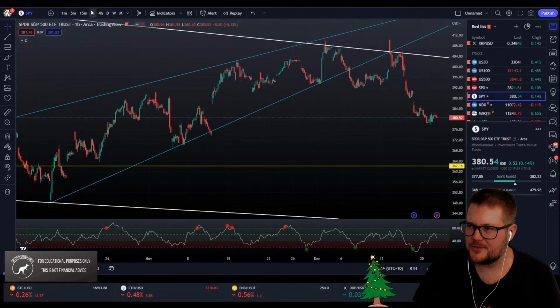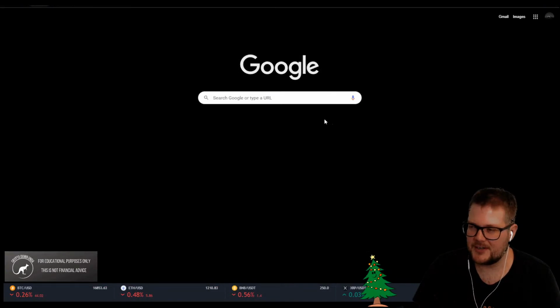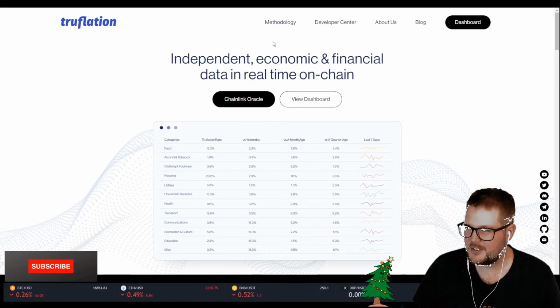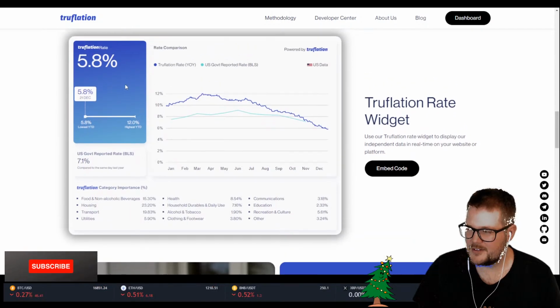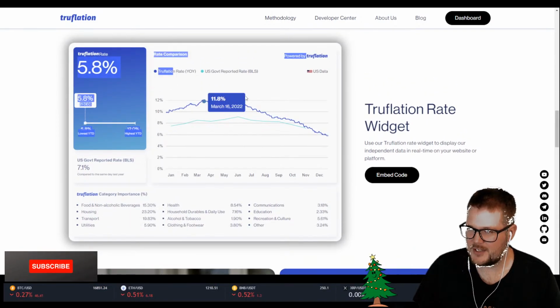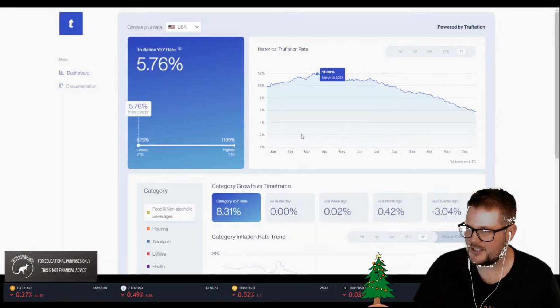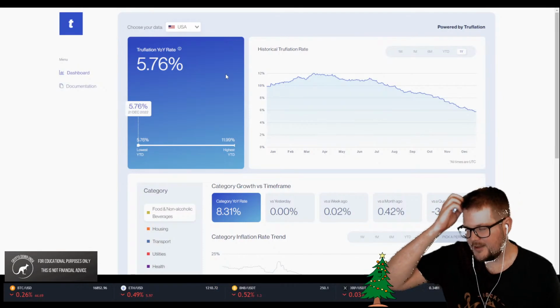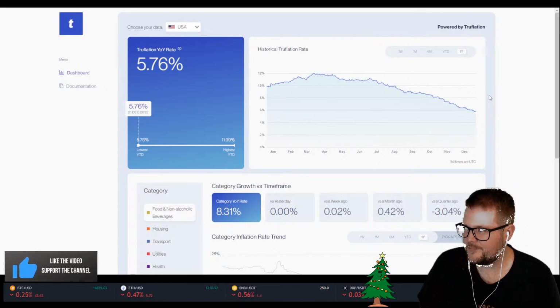So let's go to the Trueflation website and see how that's tracking today. I think we were looking at a 5.8 the other day. So it's below 6, put it that way. If we go to the dashboard, it might give a more accurate reading: 5.76. So it's still on its downward trajectory.